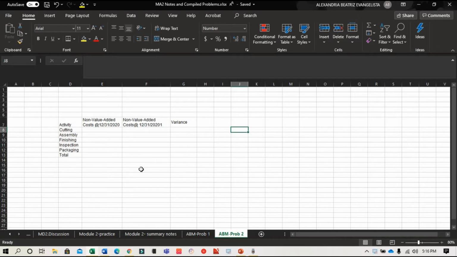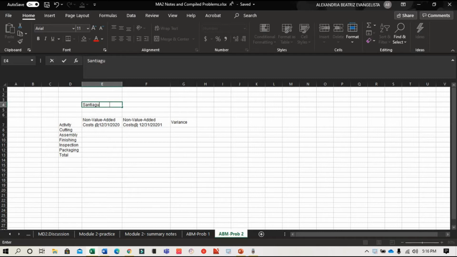So now let's try to solve problem number 2 here in Excel. Since we're going to prepare a cost report, again we have to do the heading. The first line is the name of the company, which is Santiago Incorporation.